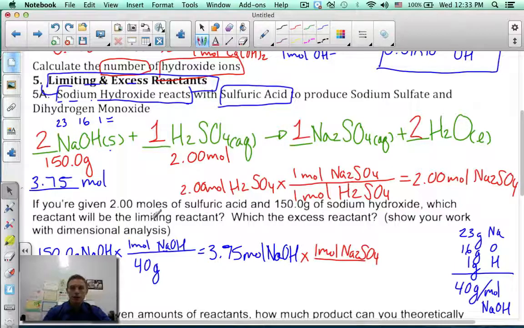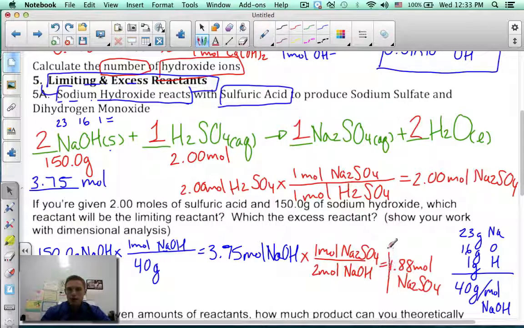Down here I don't put 1, I put 2, because I'm converting out of moles of sodium hydroxide. So 3.75 times 1 divided by 2 is 1.88 moles of sodium sulfate.